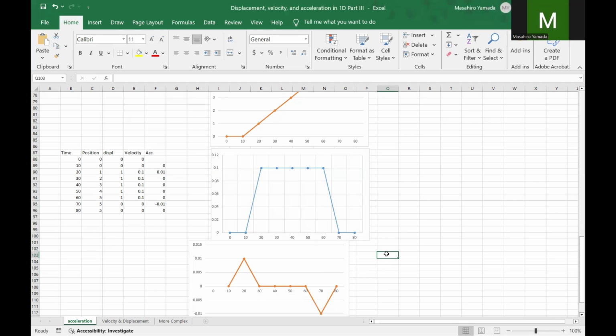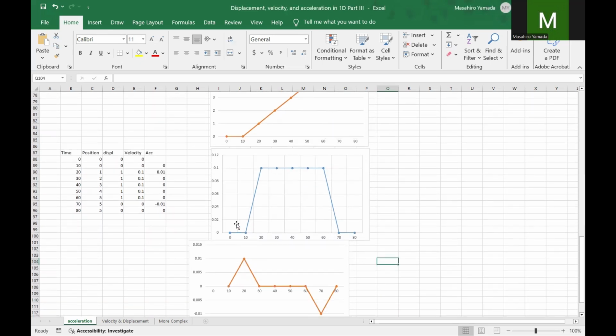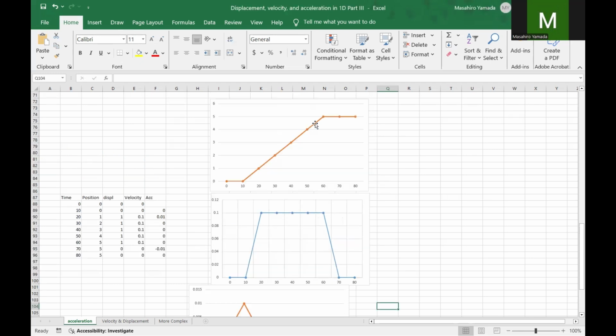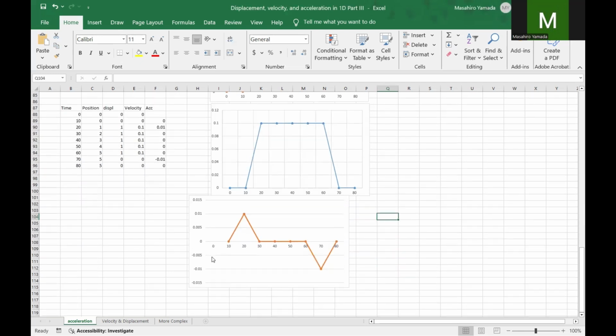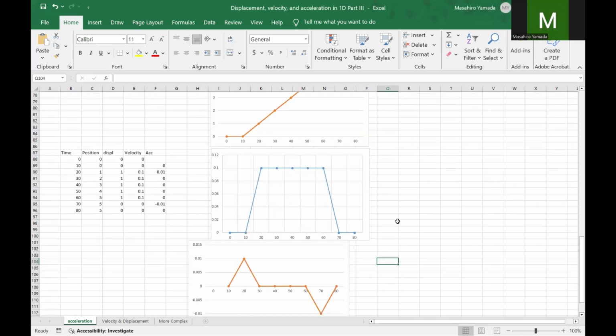Okay, another really big difference between displacement and velocity is that displacement is only going in the positive direction. Therefore, you see velocity only goes in the positive direction until it stops. However, acceleration can go negative even though the direction is positive. So this is very different from velocity. Why is that?